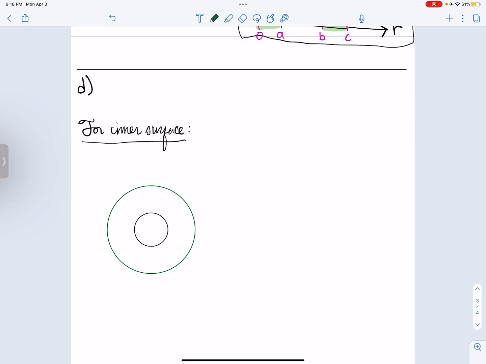And then I also have my outer cylinder, which also has an outer surface.